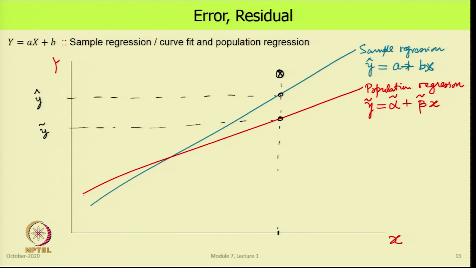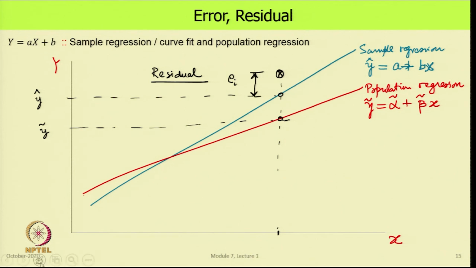So, this is the value from the sample regression, this is the value from the population regression, and this is our data point. So, now we define an important parameter, that this difference is called the error e_i, and this we call as the residual. So, this is an important parameter that we will see later on, why it gives us a lot of information about what type of regression we made.